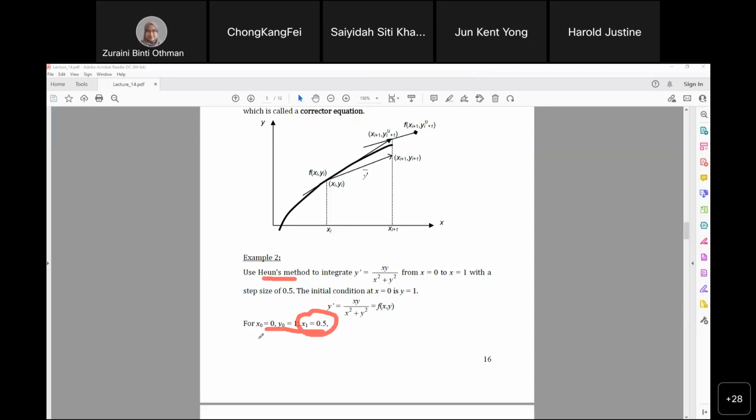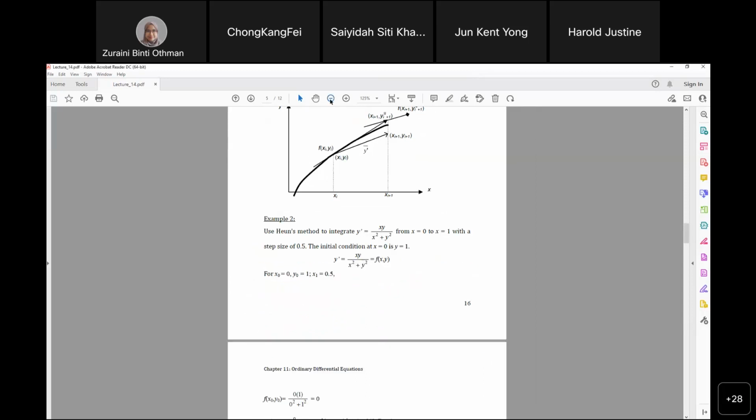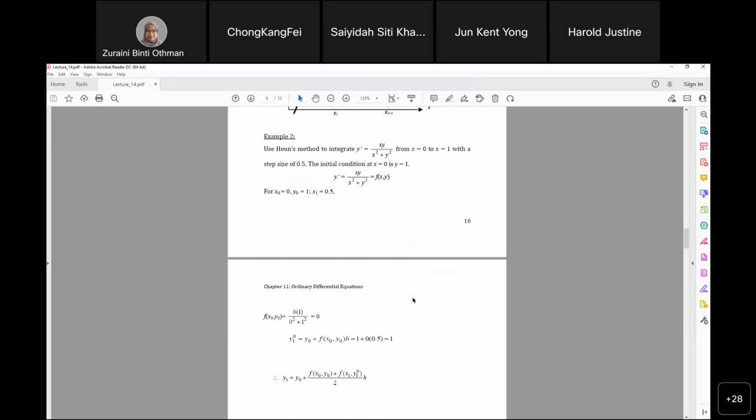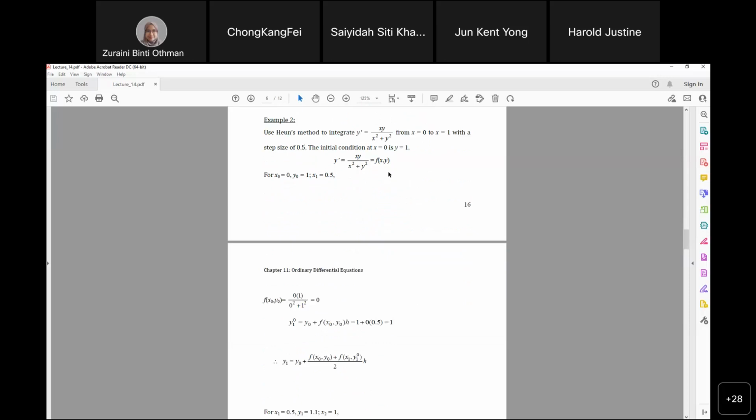Okay, so this is initial condition value and we have to solve for y1 and y2. Saya kecilkan sikit ya. Then for y1 here, okay, this is general formula dia kan yang tadi, ni yang diberi, and in order to solve this formula, you have to solve for y1 first. Yang ni, remember, they adapt the Euler method just now. Euler's method, dia guna Euler method.